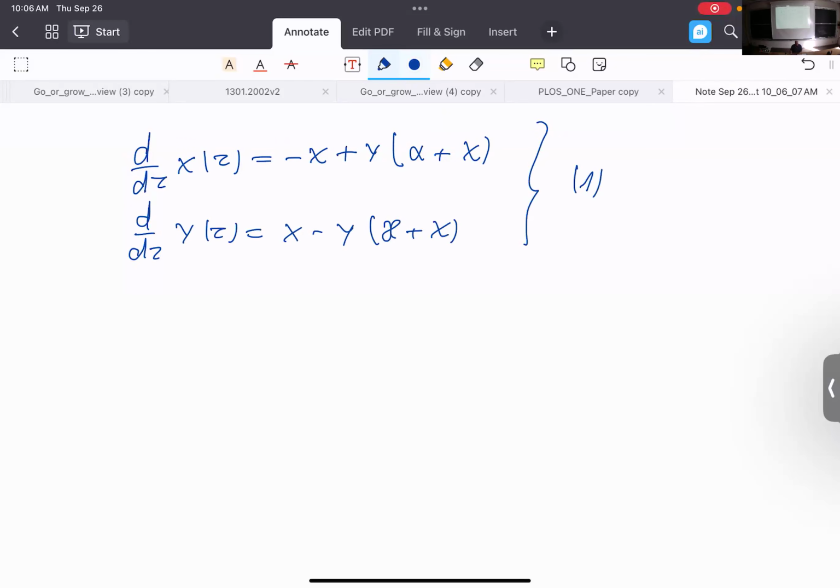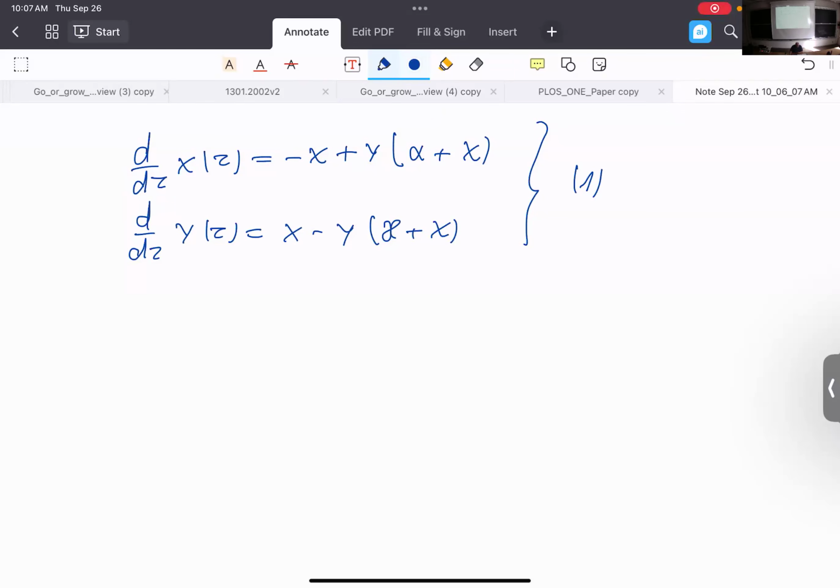Now this is a 2x2 ODE. So, I mean, what could be simpler, right? It is not entirely linear. We have nonlinear terms, y times x in both equations, but still. So you could do the standard thing which we did earlier, look for steady states, look for their stability, draw a phase portrait, and all this is possible.